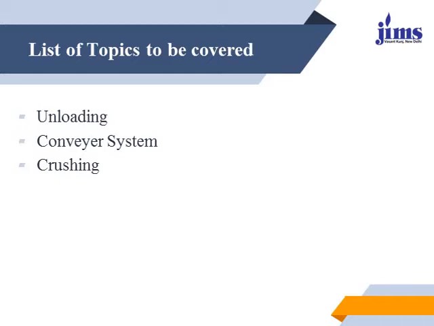So we have to pulverize them for use. So these 3 topics we have to conclude in this session: one is unloading, one is the conveyor system, and one is crushing.